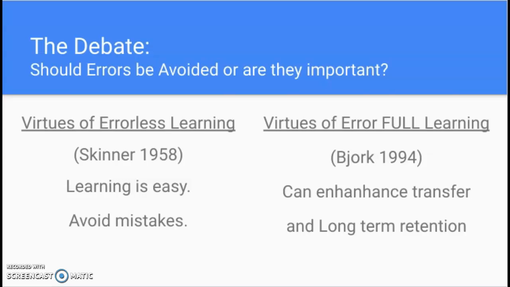However, research now, Bjork in 1994, discussed the idea of desirable difficulties, increasing actually the frequency of errors. And what was found is that this will often enhance the transfer of learning, as well as long-term retention.